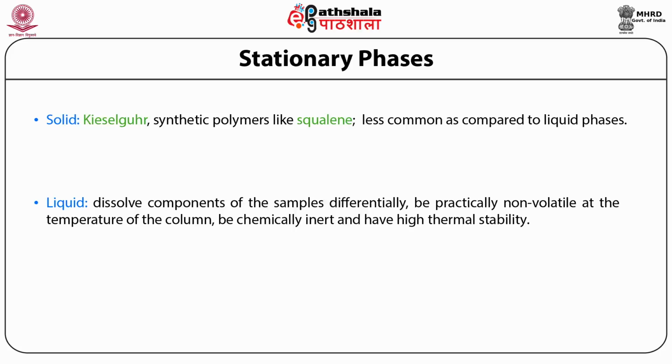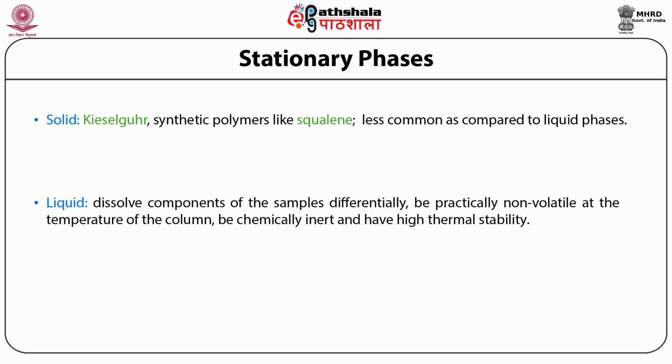In addition, it is also supposed to be chemically inert and have high thermal stability. However, all these factors like chemical inertness and high thermal stability are not always present, because of certain conditions such as maybe exposure to oxygen at higher temperatures or even at room temperatures, these columns, even when the liquid phase is inert and has high stability, will show some reactivity, leading again, as I said, to column bleed.